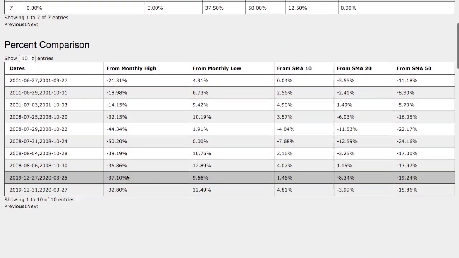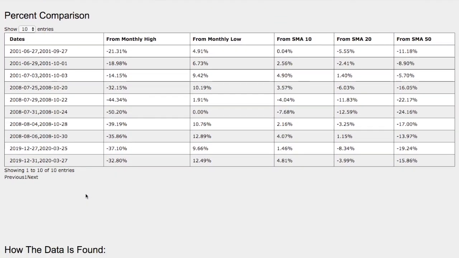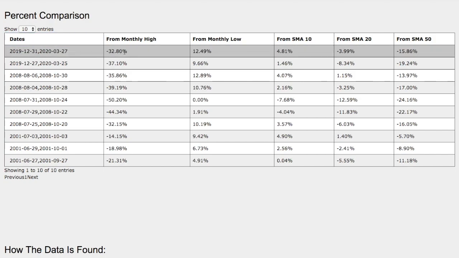And if we examine further on the technical performance, we have the current trend right here. We are down 33 basis points from monthly high, up around 12% from monthly low, up 4.8% from 10 simple moving average, down 4% from 20 simple moving average, and down 16% from 50 simple moving average.